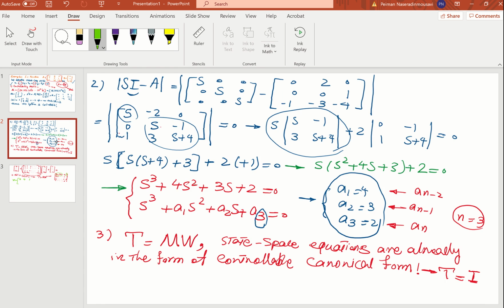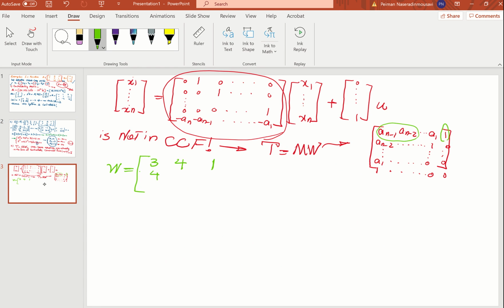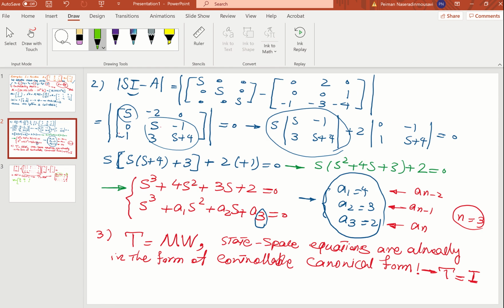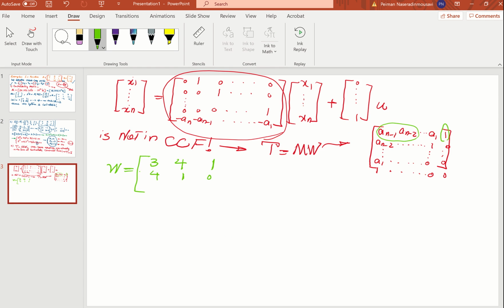It's going to be 4, 4, 1, 0. That's right. And 1 0, and finally the last line is going to be 1 0 0, 1 0 0.